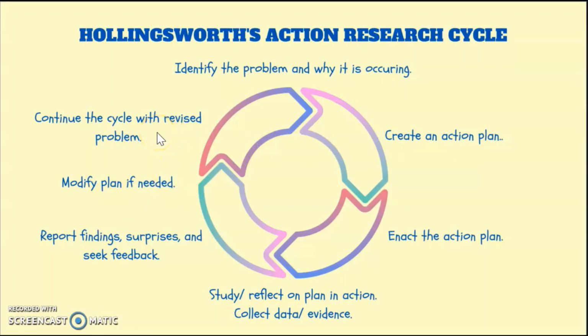Because, well, if the solution that you have initially thought of doesn't make changes, so you now have a revised problem, which is the actual problem and why the initial plan actually didn't work. So that is the revised problem that we're thinking about. And so you have identified a new problem and you create another action plan, and so on and so forth. So that is action research cycle.